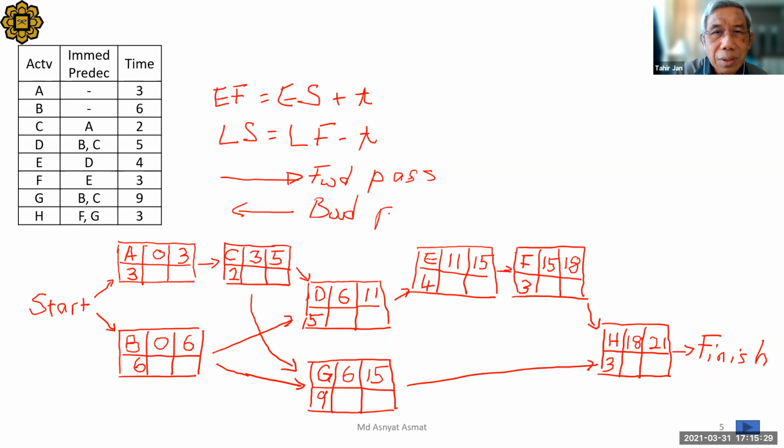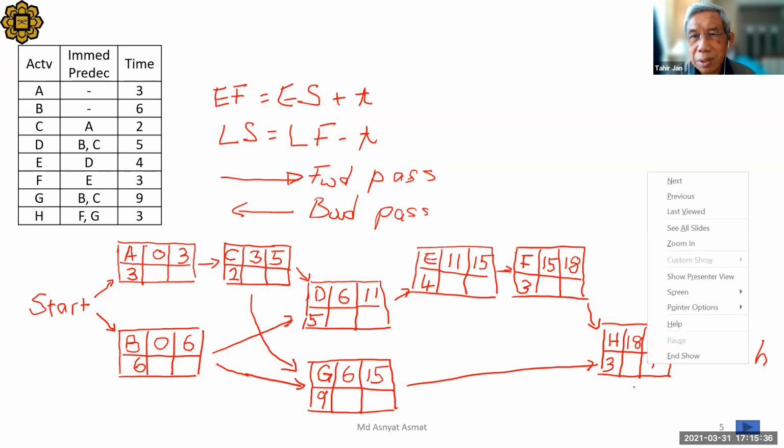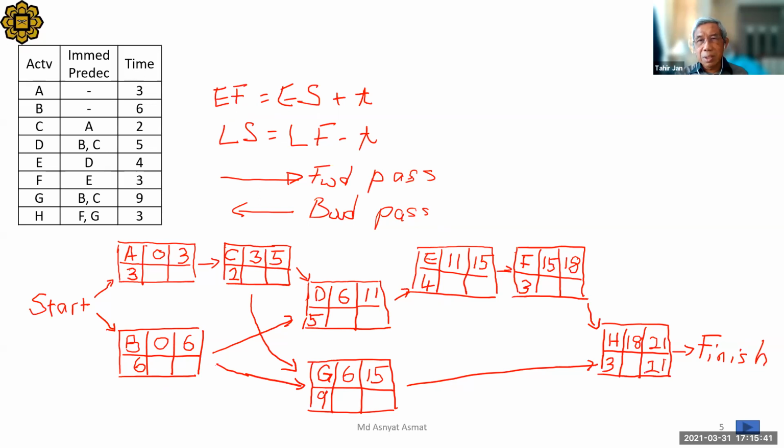So we use 21, let's say 21 is the latest time. If we have more than one, we will cover that in our third question if we have time.